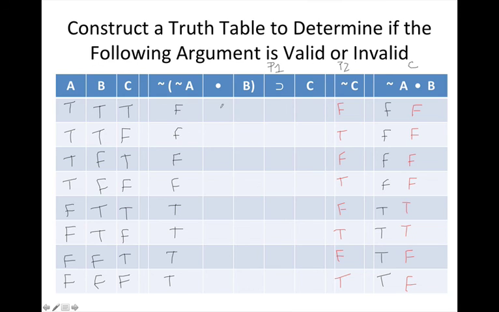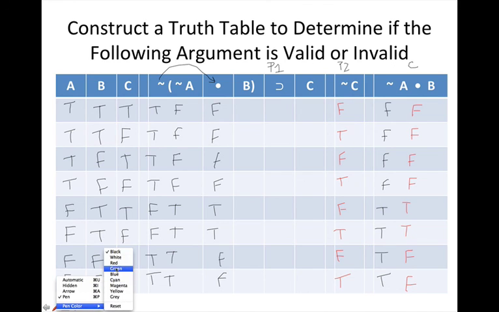So we have false, false, false, false, true, true, false, false. And then we're going to negate: true, true, true, true, false, false, true, true. And then lastly, the horseshoe.